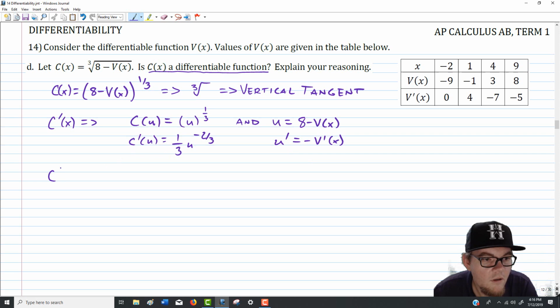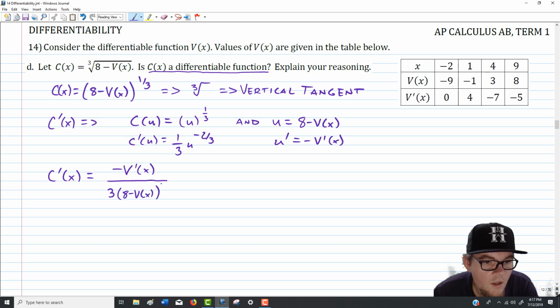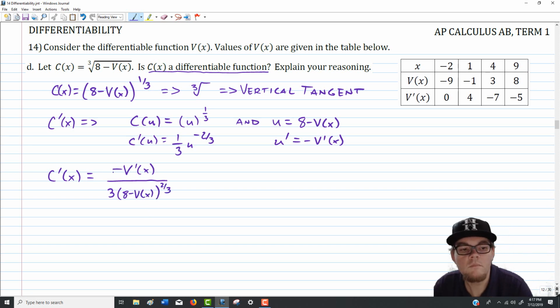If we bring everything together, we'll get that c prime of x is, with some simplifying built in, bear with me, negative v prime of x divided by 3 times u to the 2/3 power, where u is 8 minus v of x. So in this case, we have negative v prime of x over 3 times (8 minus v of x) to the 2/3 power.